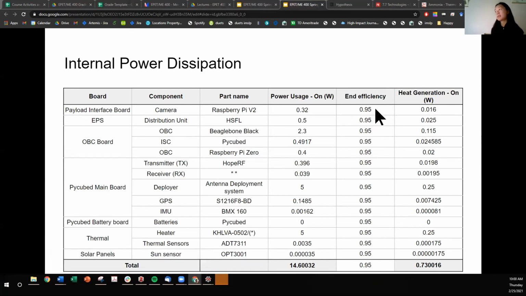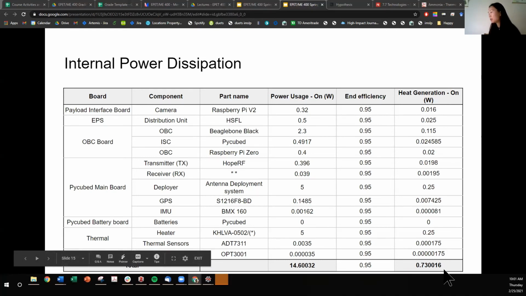But instead, I'm going to say they're maybe 95% efficient in using the power to do useful calculations. But 5% of that power is going to be converted into thermal energy. So in that case, if 5% is being converted into heat, then this is the amount of heat that each component gives off, for a total of 0.73 watts if everything were on at the same time.